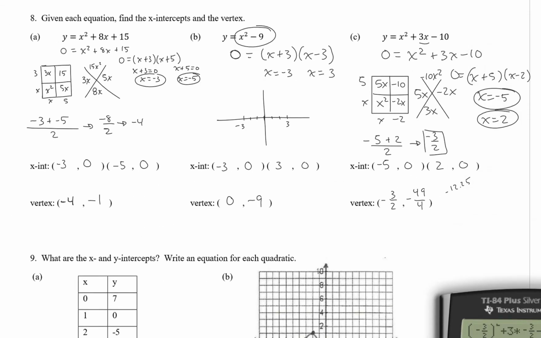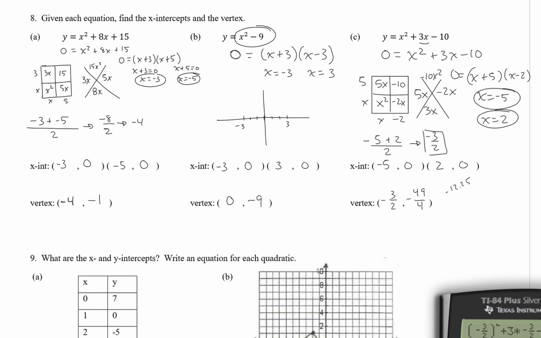So again, on this question, for each graph, it says find the x-intercepts and the vertex. In order to find the x-intercepts, what we did was rewrite the sum of parts as a length times a width. The benefit is that once we have a product, we can use the zero product property, because we're representing this quadratic as a length times width.